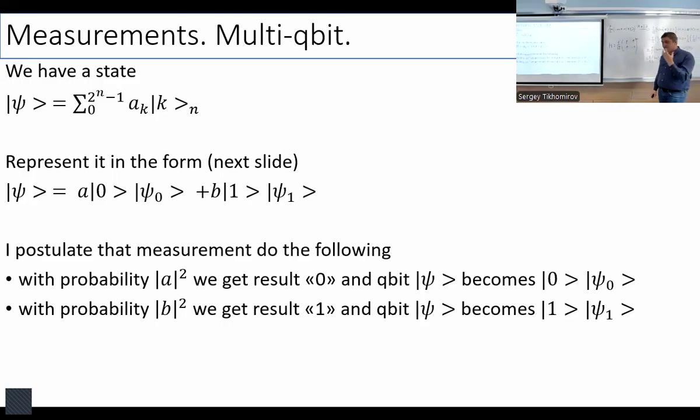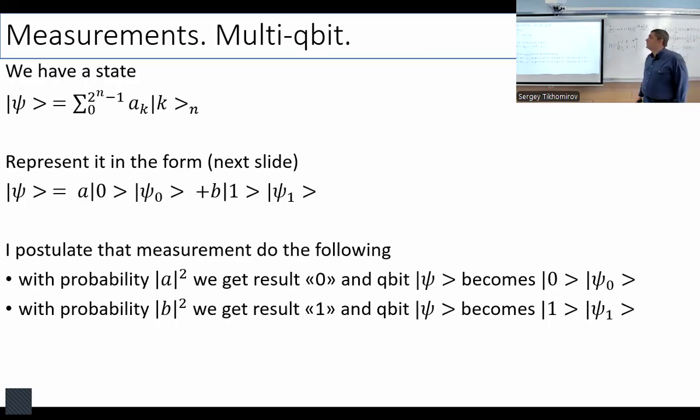And philosophically, when you measure a part of a system, you separate it from the other part of the system. Now they are independent after measurement, and this is what is important to know.